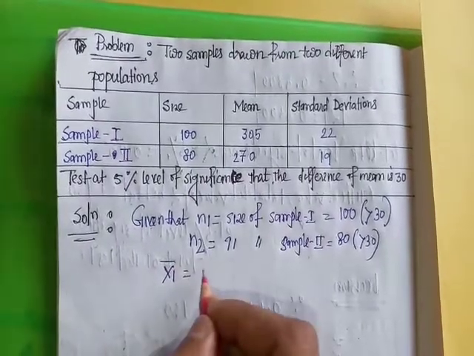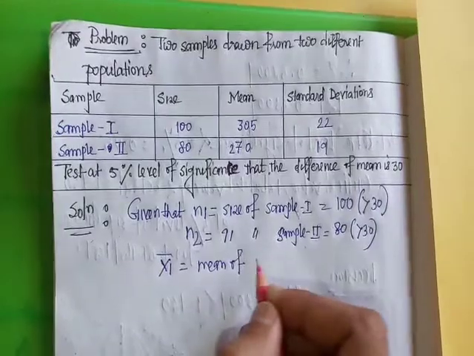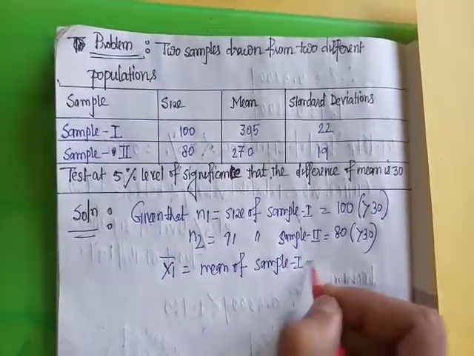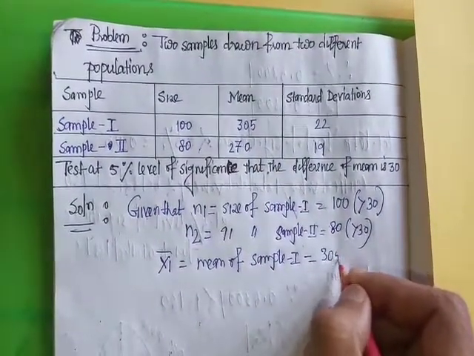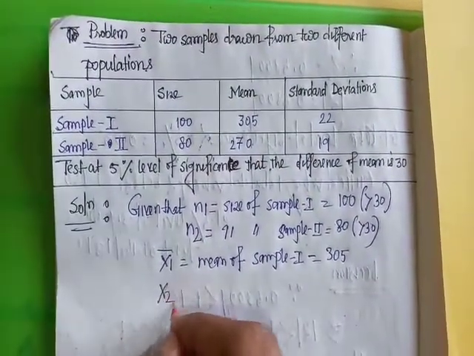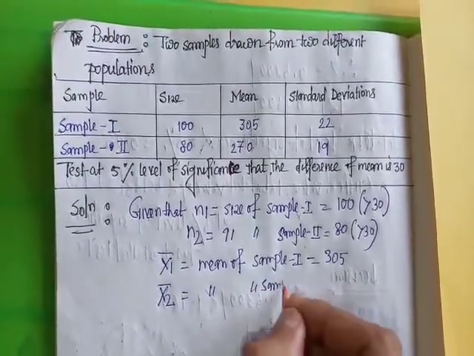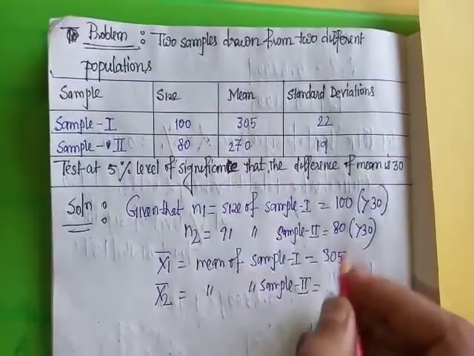x1 bar equal to mean of sample 1, so mean of sample 1 is 305, and x2 bar equal to mean of sample 2, so mean of sample 2 is 270.